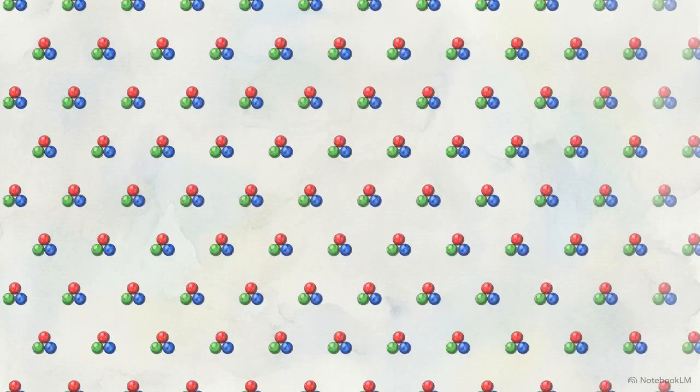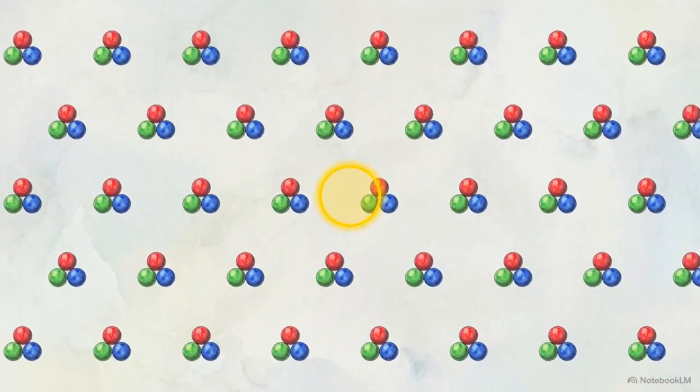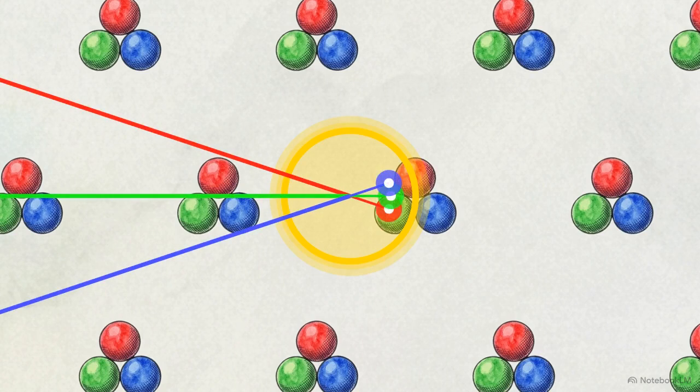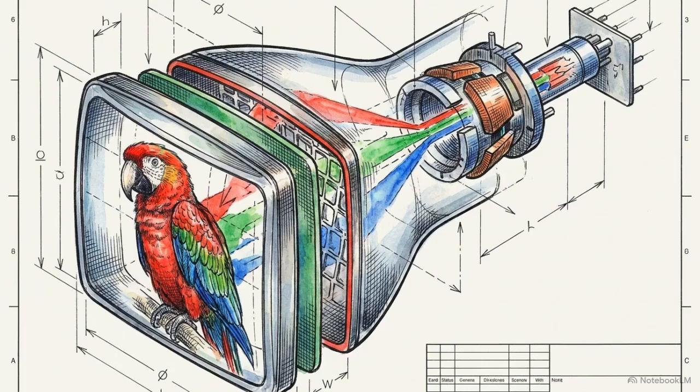The screen is coated in triads, groups of red, green, and blue phosphor dots. 3 separate electron beams pass through a metal shadow mask, which ensures each beam only impacts its corresponding color. By adjusting the intensity of these 3 beams, the system can produce the millions of color combinations necessary for photorealistic images.